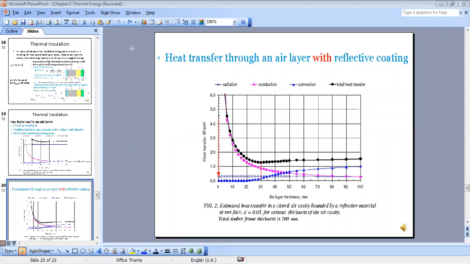The difference of the reflective coating doesn't matter, yeah? We don't take into account the thickness of the coating. The coating is very, very thin. So you can just paint with a reflective coating.